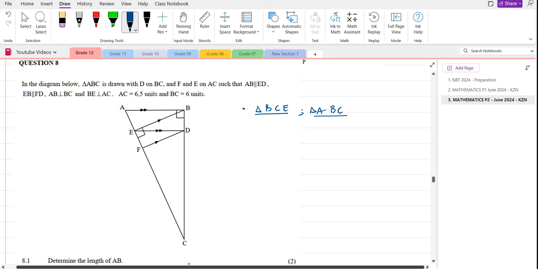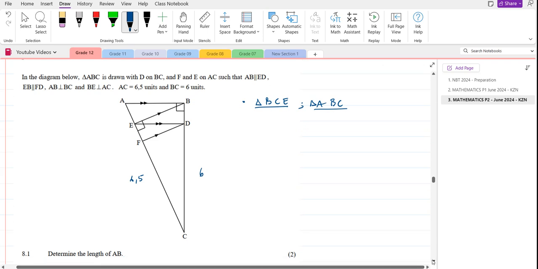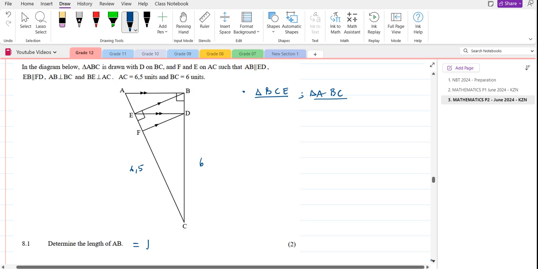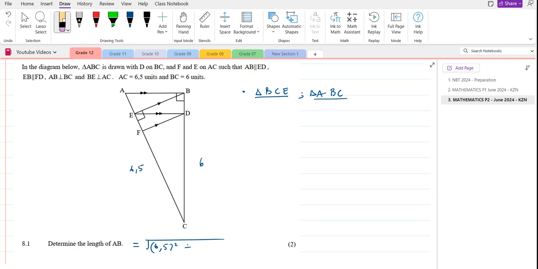They said the entire distance AC is 6,5 and the entire distance BC is 6. So to find AB, we can just use Pythagoras, right? AB is equal to the square root of 6,5 squared minus, because AC is the hypotenuse, minus 6 squared, and that is Pythagoras theorem.